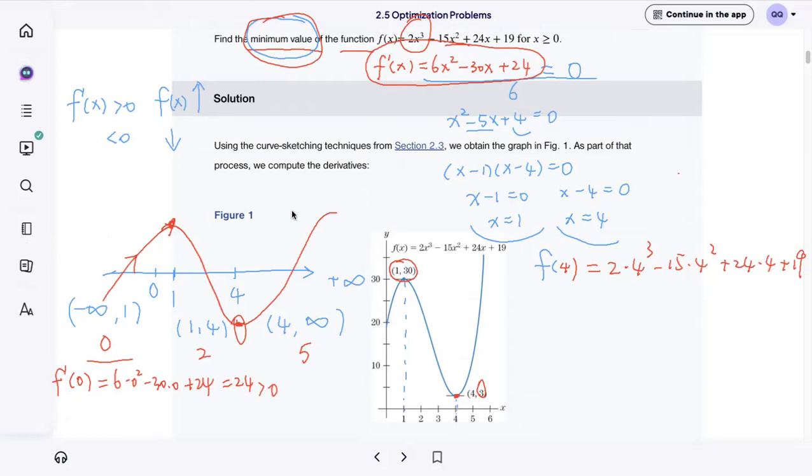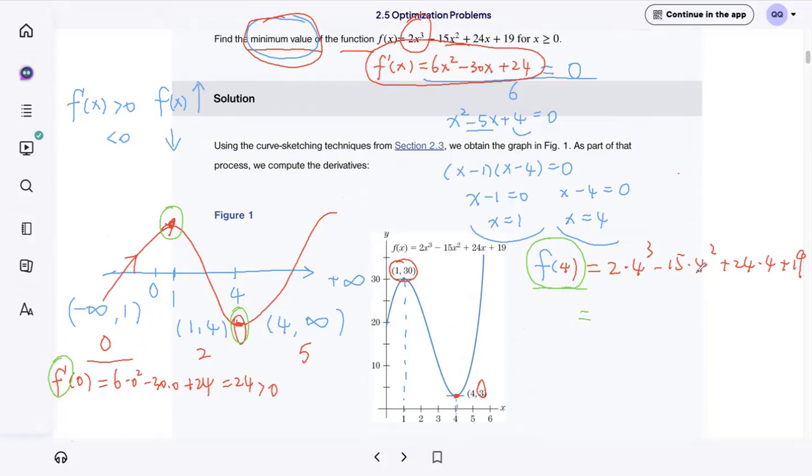When I talk about how to find the local maximum and local minimum, I evaluate with the derivative function. But when I want to find the function value at a point, I evaluate the original function. So make sure you evaluate with the right function.